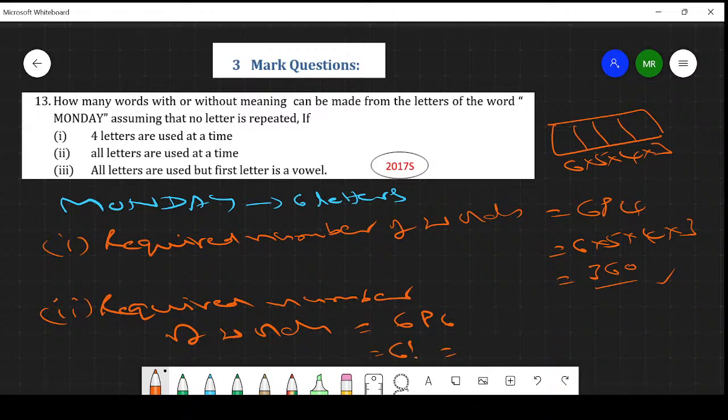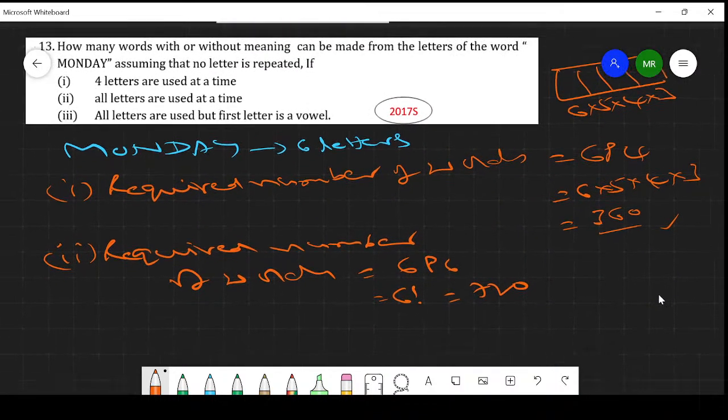You multiply 6 into 5 into 4 into 3 into 2 into 1, and it comes to 720.